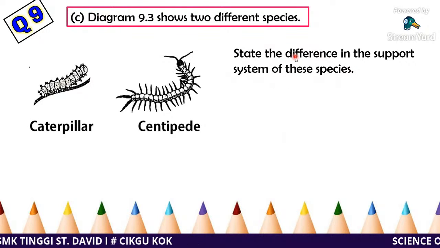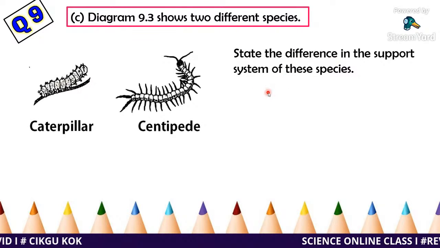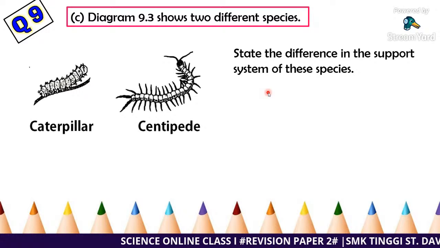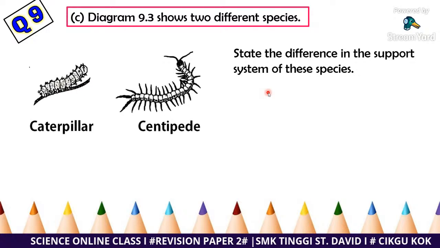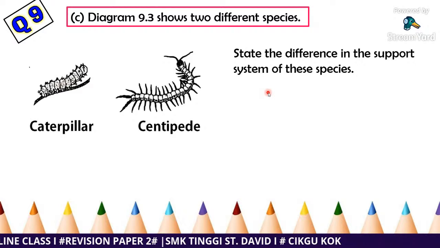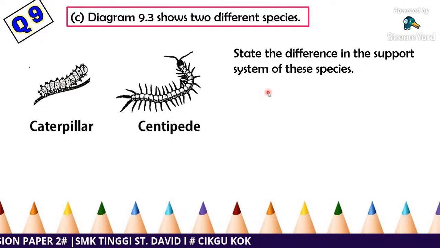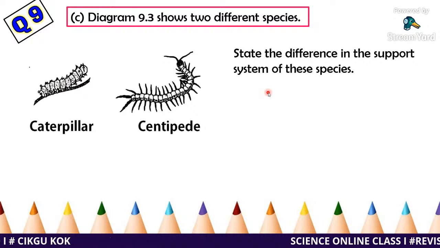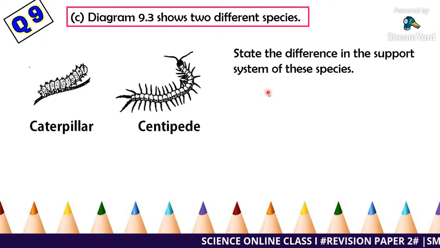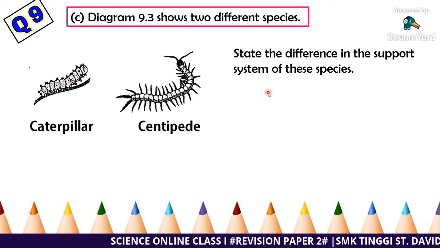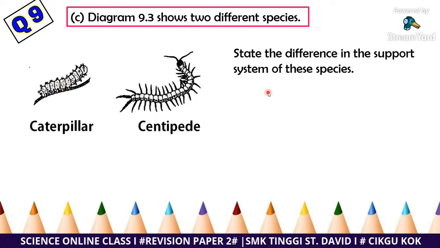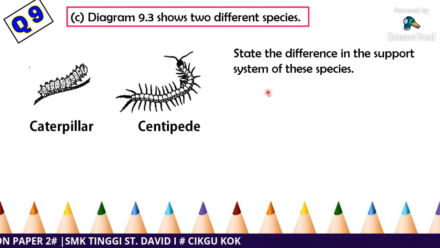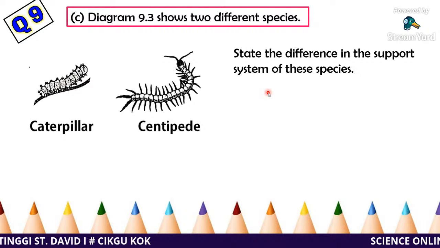So you need to give me the answer. Different support systems for these 2 species. Okay, just write your answer. We got exoskeleton. We got hydroskeleton. Okay, just answer this as the last question already. We are already over 5 minutes.